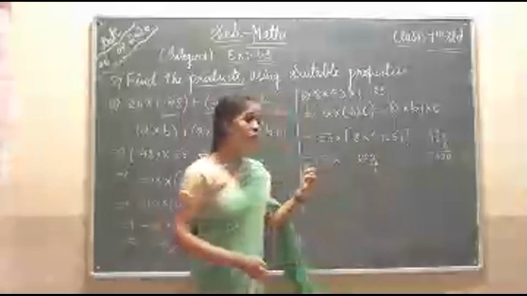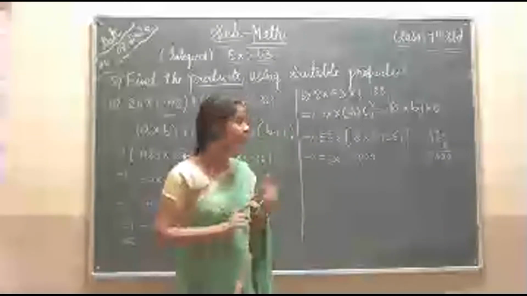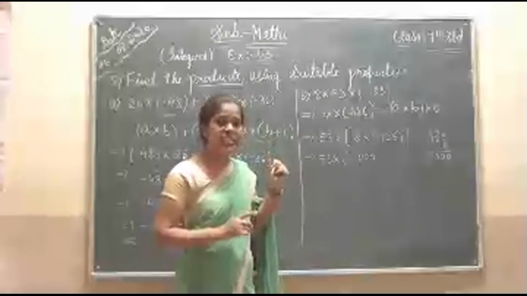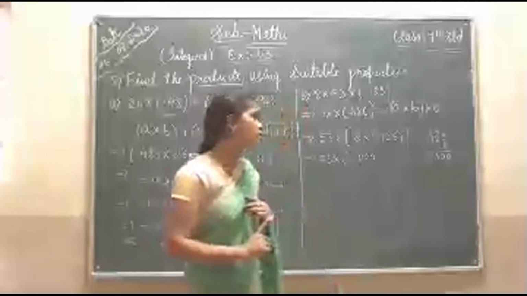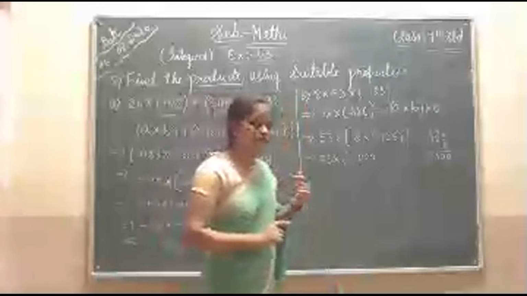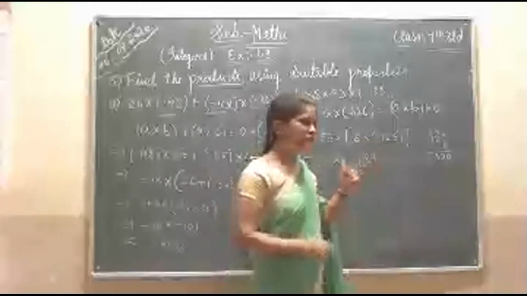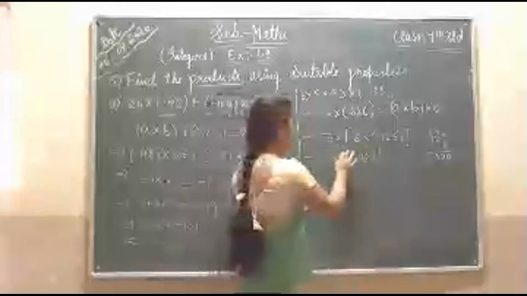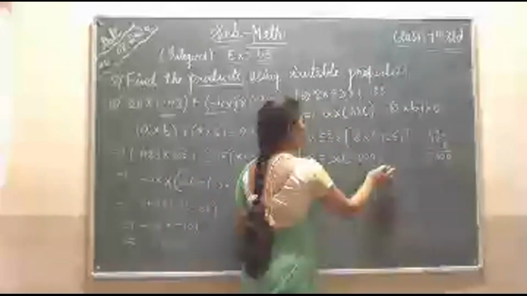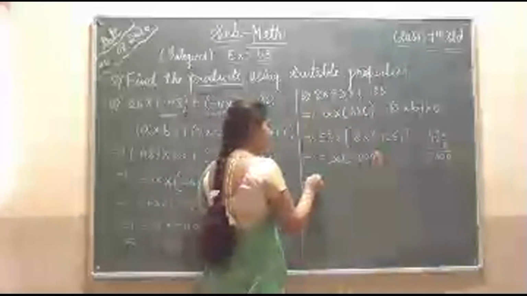Here, we should always remember to see the signs. The lesson is integers. Integers means positive numbers also and negative also will come. So don't forget to see this sign. Here one is positive, one is negative. So one positive, one negative is always negative. Remember this. Okay. Understood? Now it's easy to multiply.